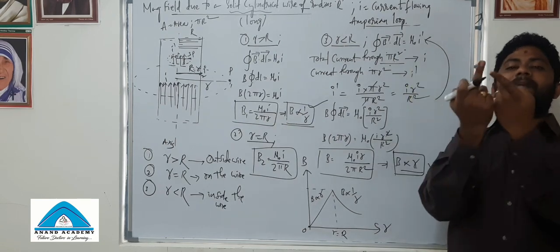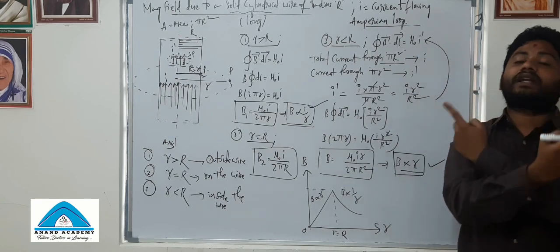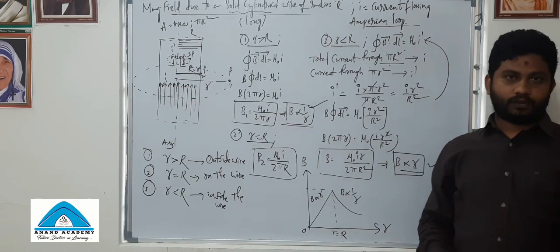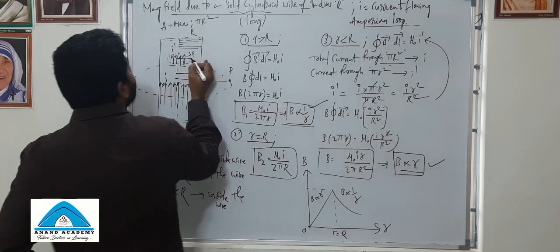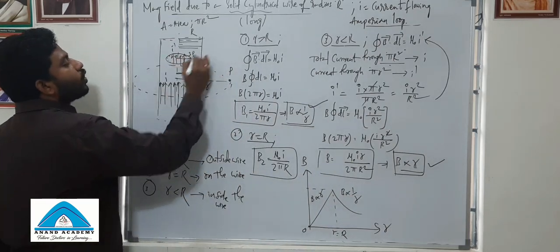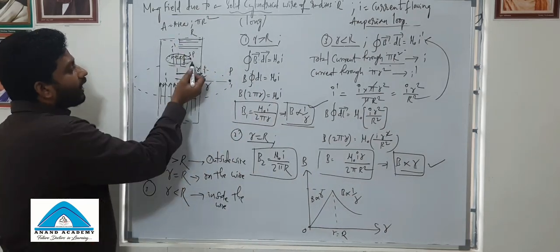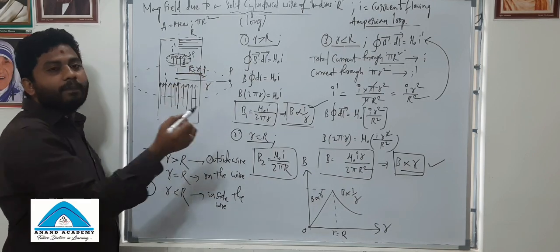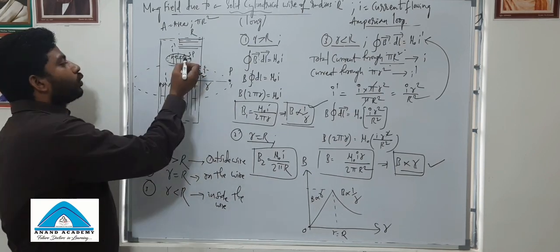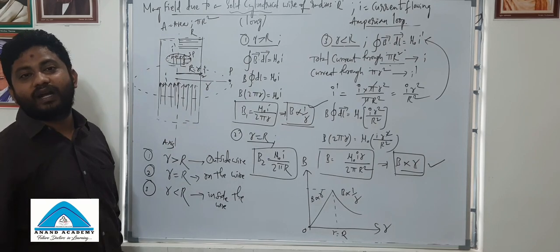Only the surface of the cylinder carries the current because it is hollow. So if you take the loop here, no current passes through it. When no current passes through, according to Ampere's Circuital law, the magnetic field due to that will be zero.